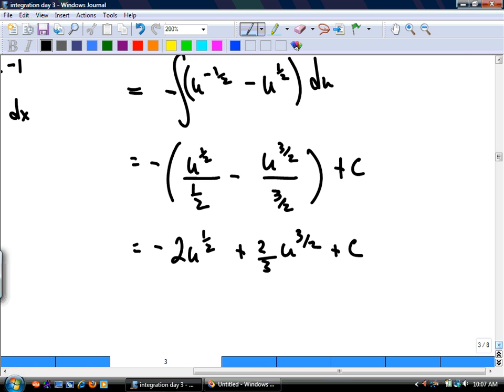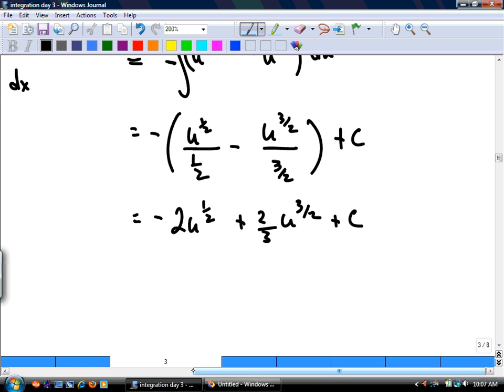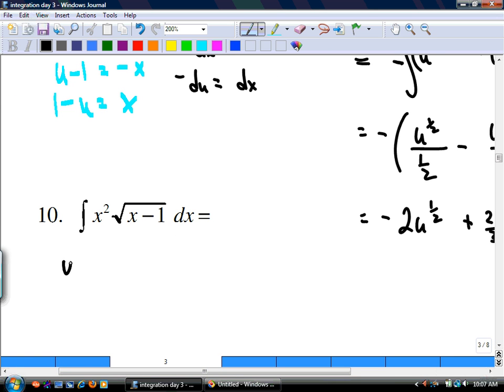Yeah? Do you want me to put in the x's? No? Okay. What are you going to let u equal for the next one? So solve that for x. Oops, u plus 1 equals x.